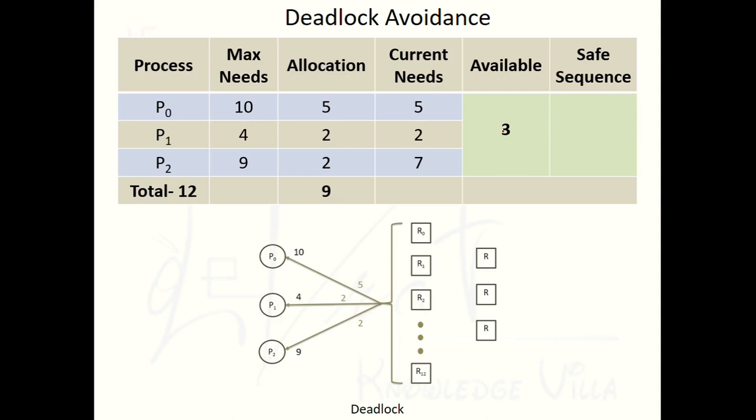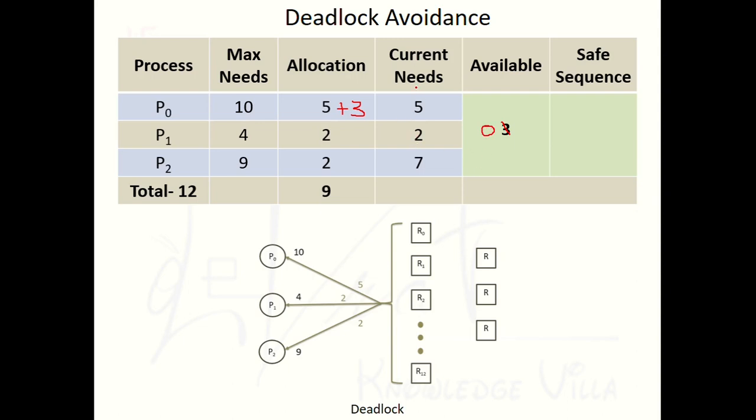Suppose out of these 3 resources, we start with process P0. We allocate these 3 resources to process P0, so total allocation is 5 plus 3. How many resources remain in our hand? Out of 3 we have allocated 3, so 0 remain.